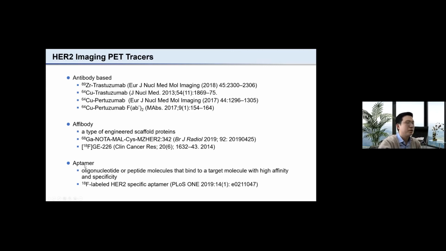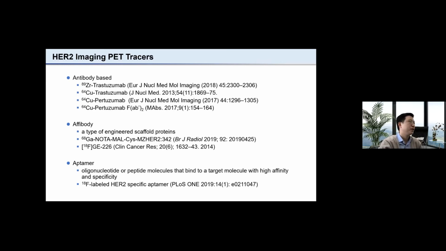So Affibody and aptamer are smaller than antibody, so they have a faster clearance, so that we can obtain the image on the same day after the injection of the tracer. However, these antibodies have a very long circulation half-life, and the uptake of the tumor increases over that time period.